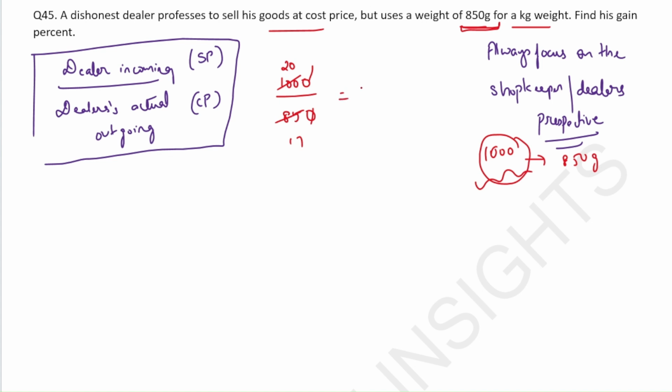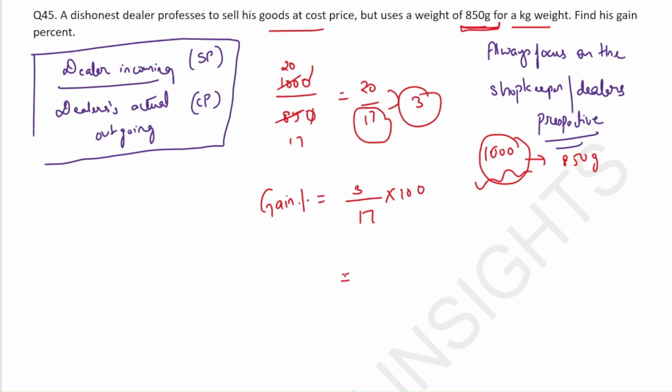So 20 by 17. Extra by how many units? That is 3 units. So to find the gain percent, we know the formula. That is 3 divided, always with respect to this, 17, into 100. So if you solve this, you will get the value as 17.647%. So this is how we solve this type of problems, okay?